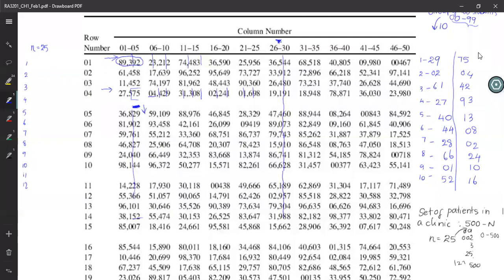If you use 1 to 1000, you need 4 digits, but 1000 is the only 4-digit number. All the others are 3 digits. So you choose 4 digits from your random number table, but most of them you have to drop because there are no 4-digit values from 0 to 1000. Only 1000 is there. So you do 0 to 999. That's why I chose 0 to 99 for the previous example, but for this one, 1 to 500.